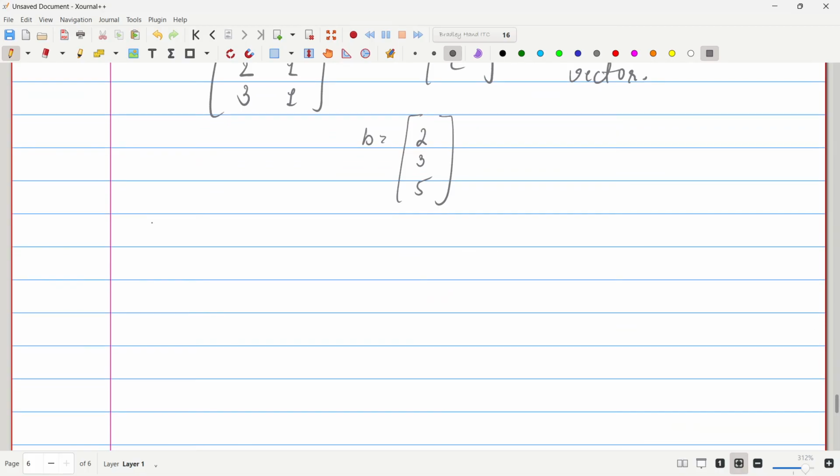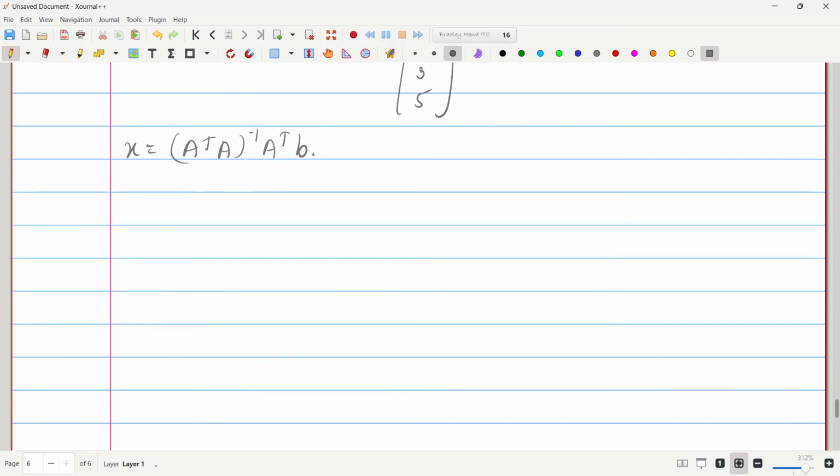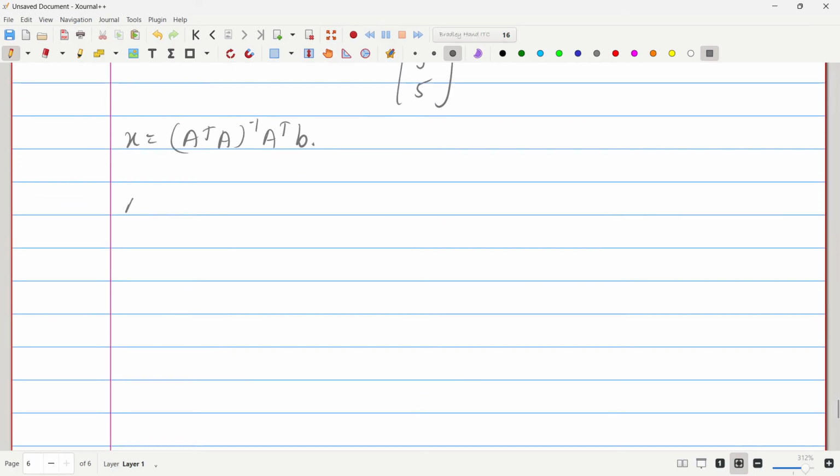Now, what was the equation? The equation was x is equal to A transpose A inverse A transpose B. So you have to find A transpose A. The value of A transpose A is 14, 6, 6, 3. And what is the value of A transpose B?